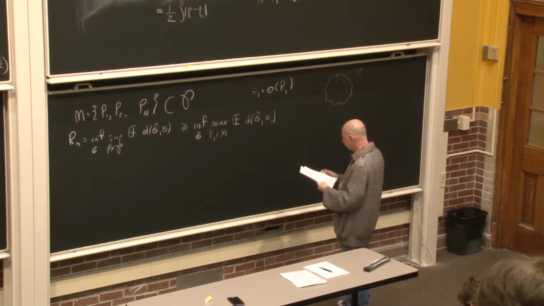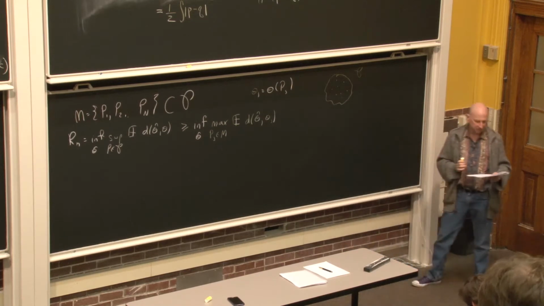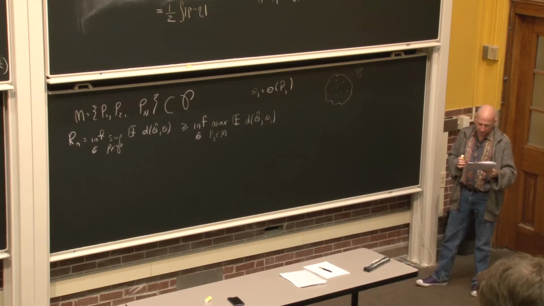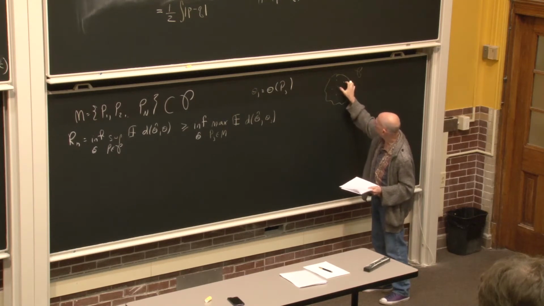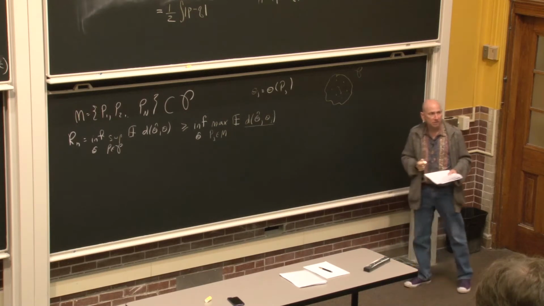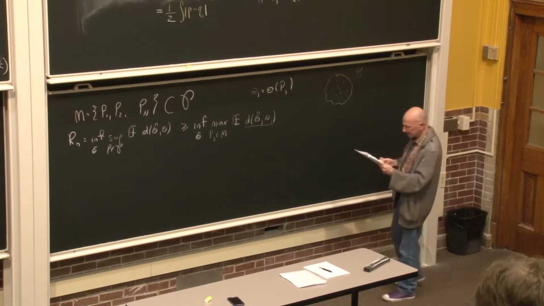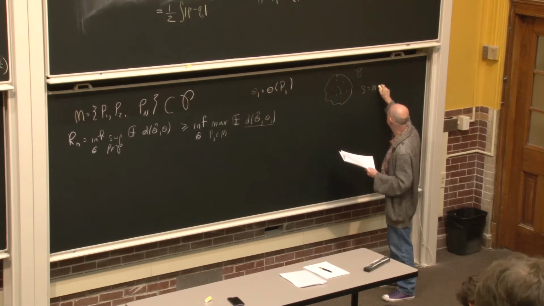Next, I'm not just going to pick these any old way. I'm going to make sure that the distance between each of these in terms of this quantity is at least some constant. So let S be the minimum distance.